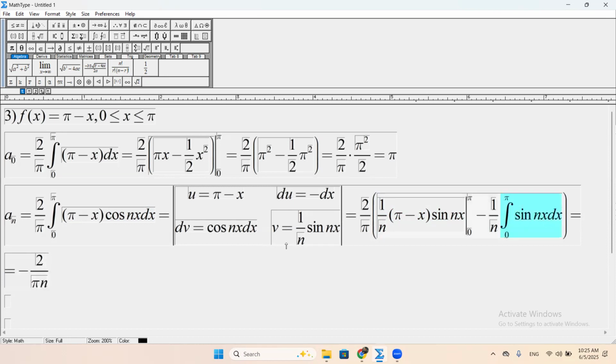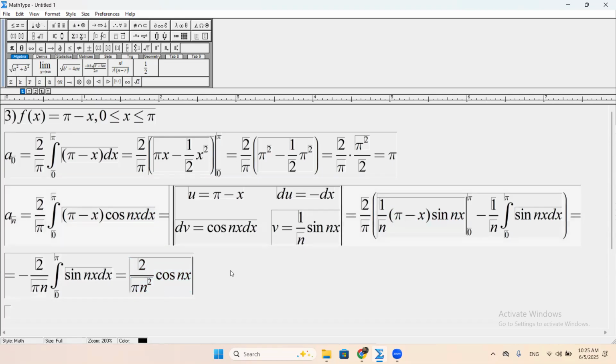And this integral. Calculating this integral, we will receive 2 over Pn square multiplied by cosine of nx with substitutions from 0 to p.